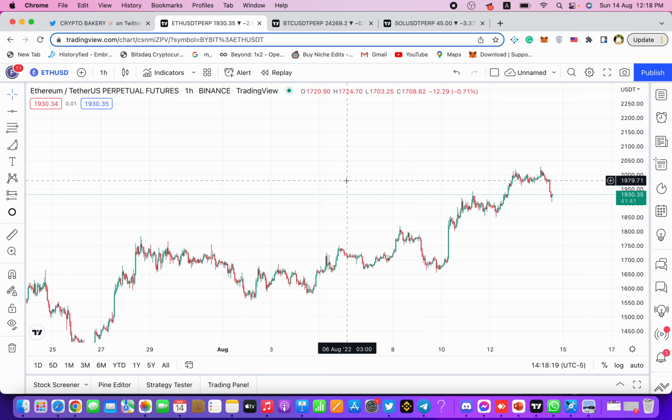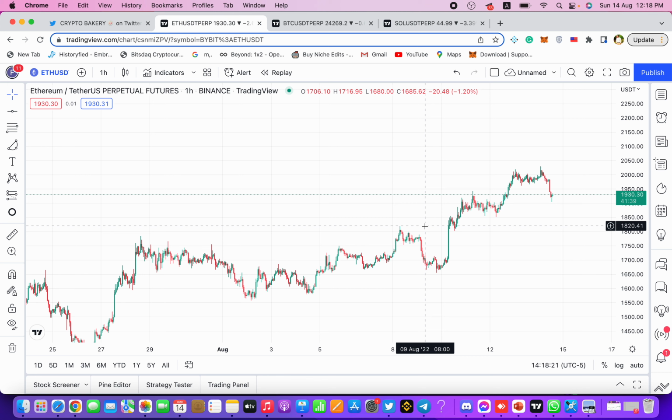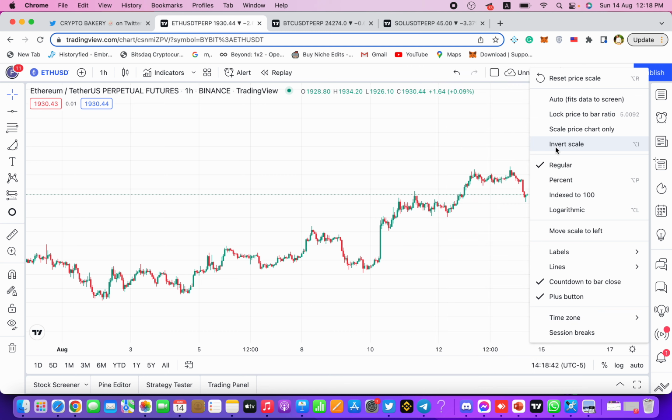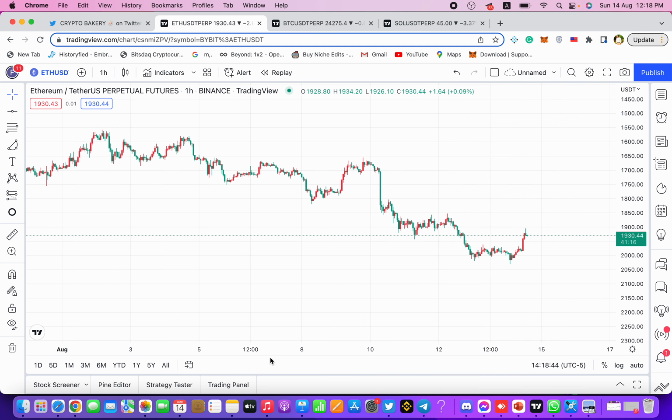If we are making a jump, like if I can open a chart for you, I just opened an Ethereum chart, and the next tab is a BTC chart, and the third tab is SOL with a pair of USDT. So I just opened an Ethereum chart, and I just inverted this chart setup.